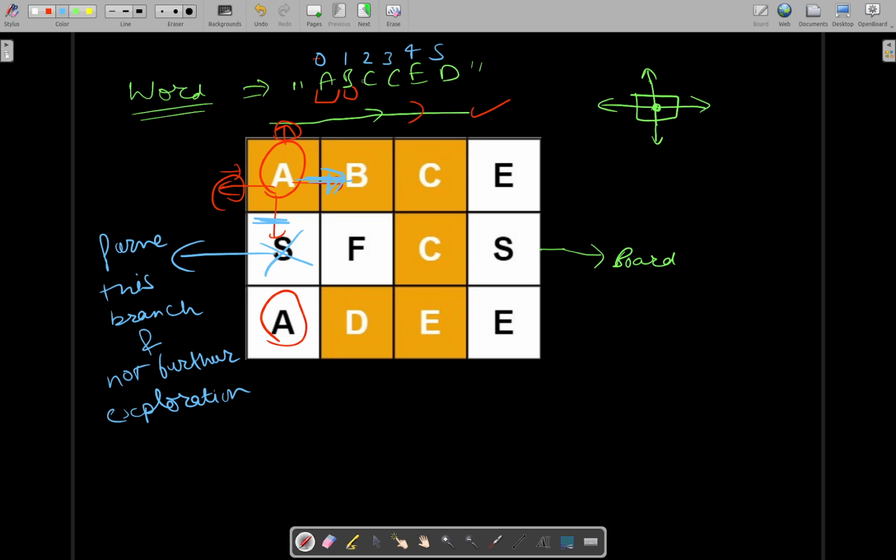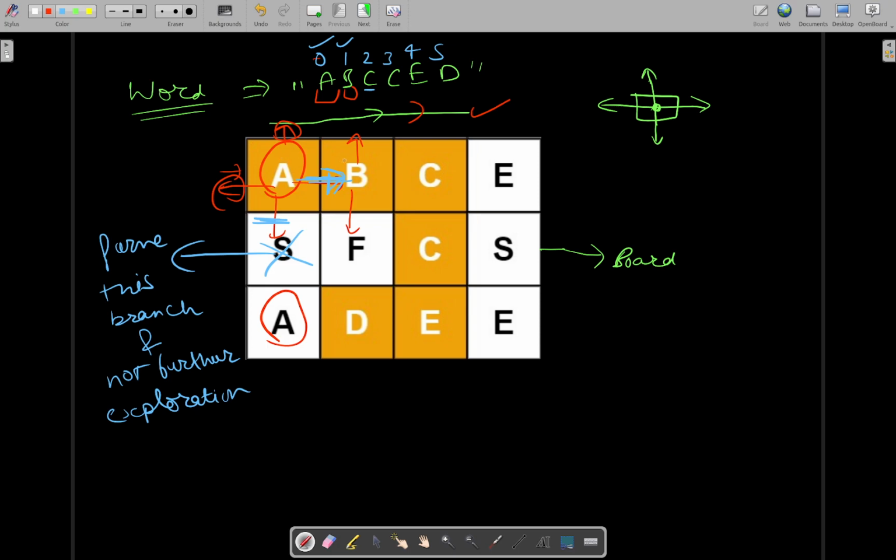So now we are at B. These 2 letters have already been matched. Now we have to check for C. When we are at B again, we will be having 4 choices. And one thing that I would like to mention is, we will somehow keep track of already visited nodes on a particular branch.